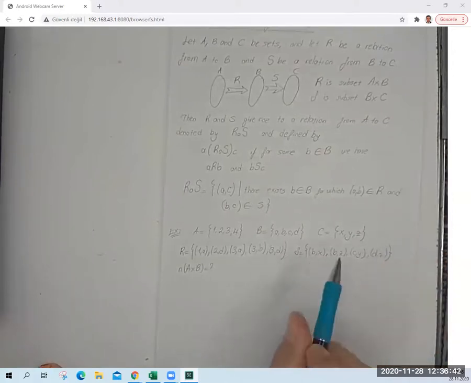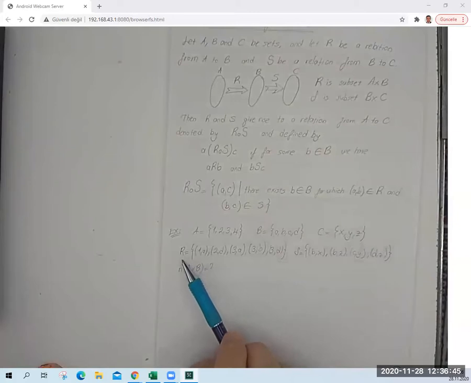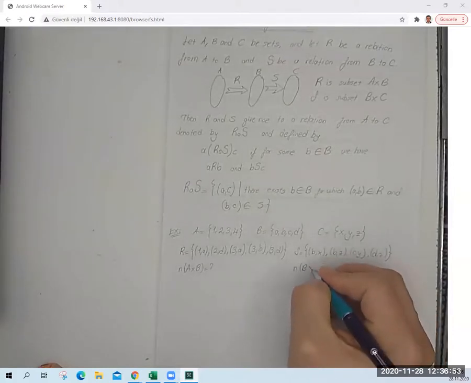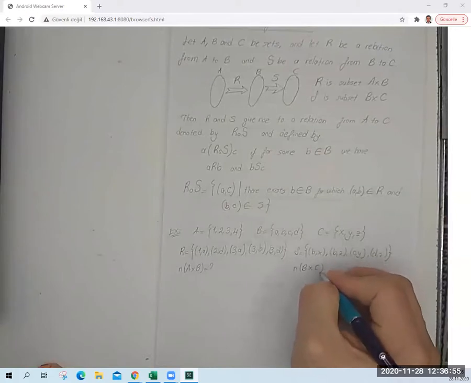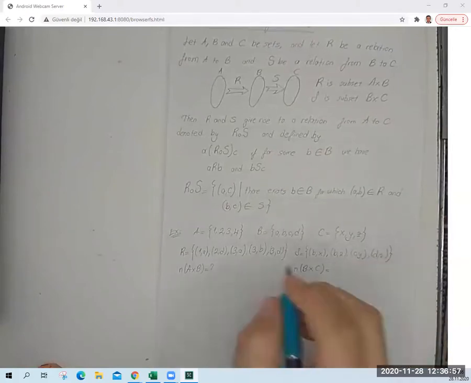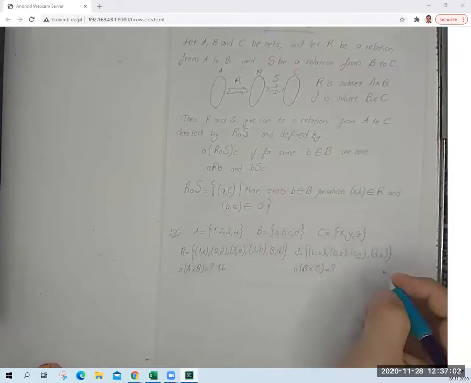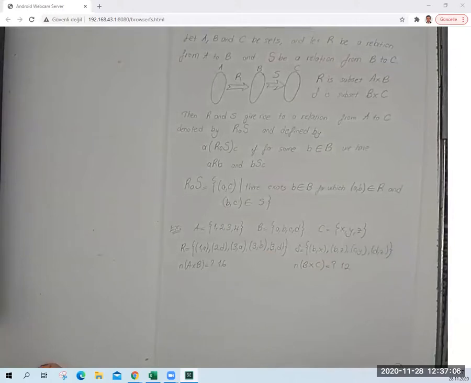I have two relation sets, R and S. So what is the total number of members of B product C? Here is 16 and here is 12, right? Thank you, Buket and Emre.